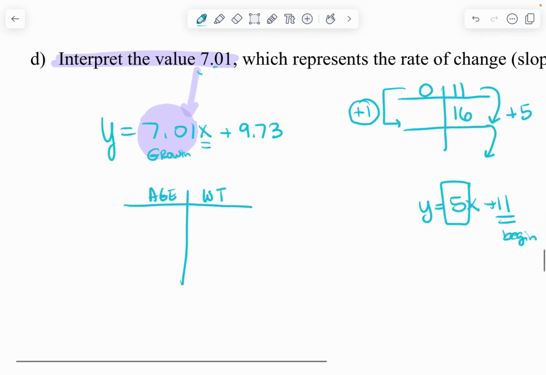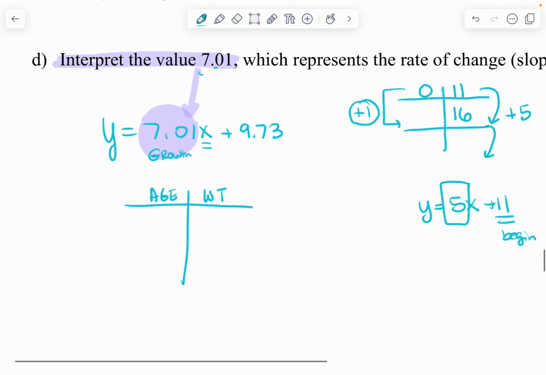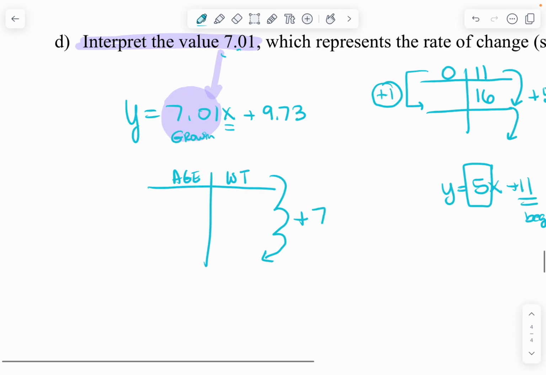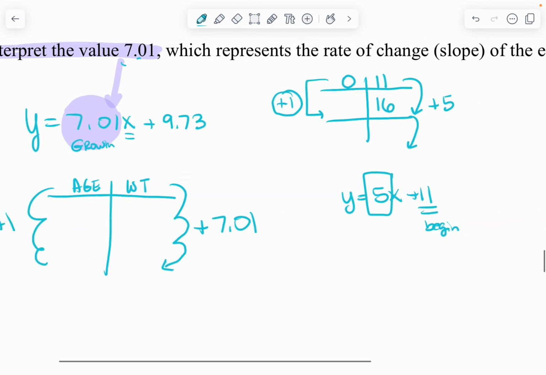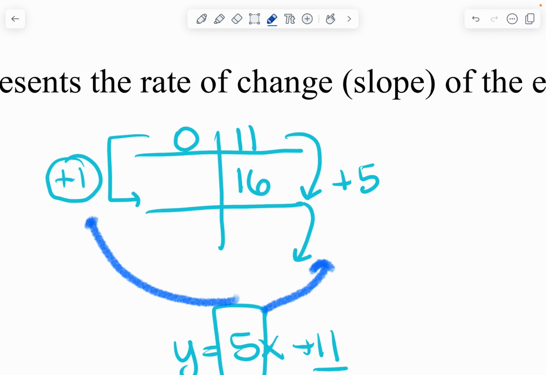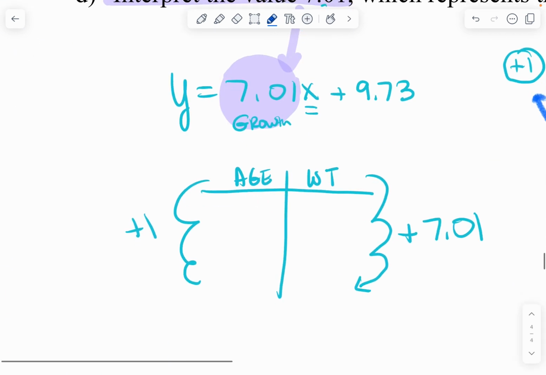But right now, that 7.01 would be how this is changing. That growth lives on that side of the chart, and this side of the chart is going up by 1, just the way I did it here. The growth of 5 showed up on this side, and the other side was growing by 1. So that's what I did here.